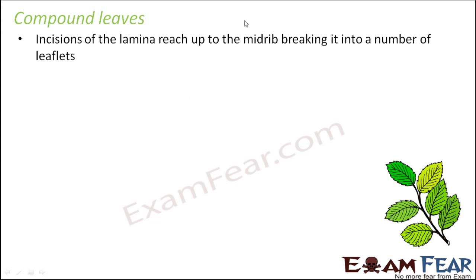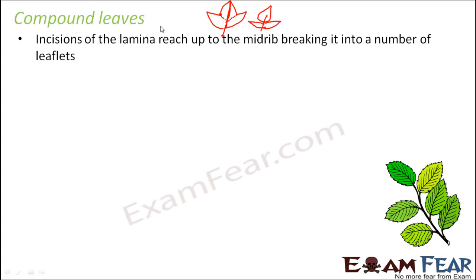For example, in the previous slide, I showed you a picture like this, with an incision like this. I am roughly drawing it. Suppose this is my midrib. The incision was still here. Now suppose the incision goes till here. What will happen? You will end up having three leaflets like this.